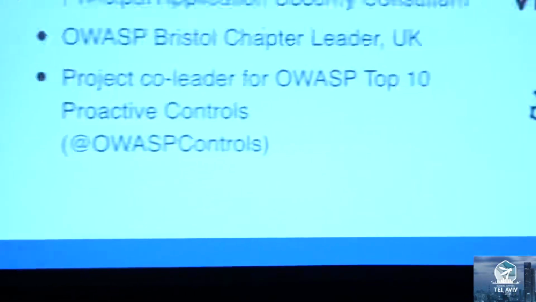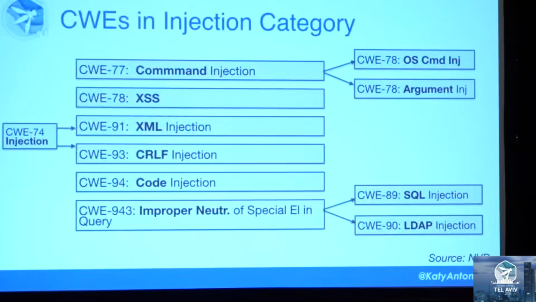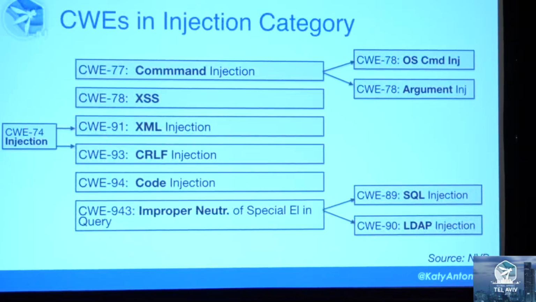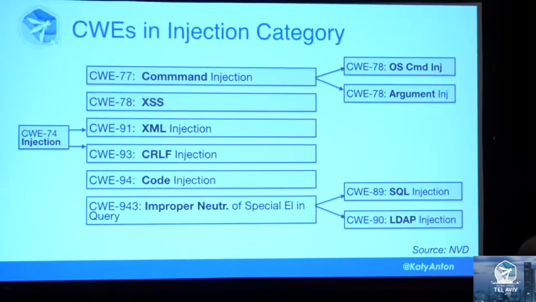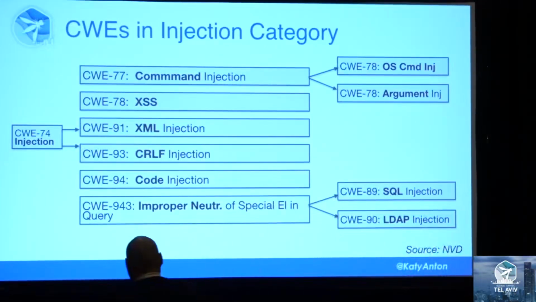The first category of vulnerabilities that I will tackle, yes, is injection. This is still one of the most common vulnerabilities found in software applications. It is a large category, and it contains multiple types of injection. You have command injection, cross-site scripting, XML injection, code injection, LDAP injection, SQL injection, just to name a few.